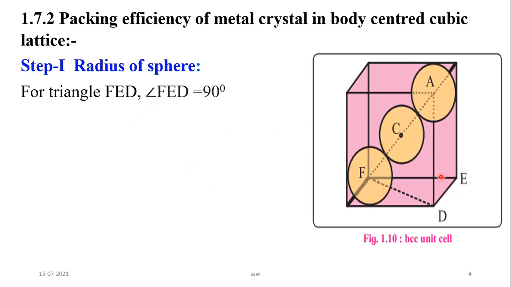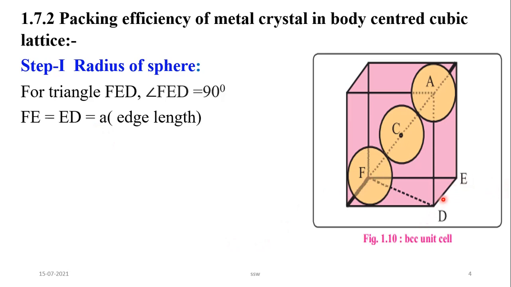So the angle FED is equal to 90 degrees. And the length FE and the length ED are both edges of this cube, and these are denoted by the letter A. So the edge length is equal to A, that is FE is equal to ED.